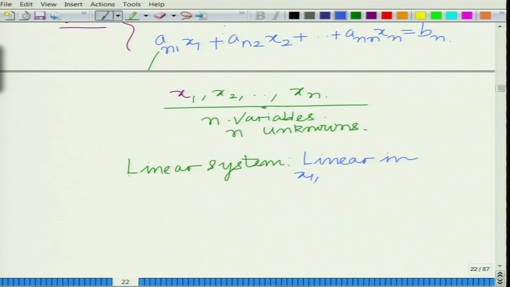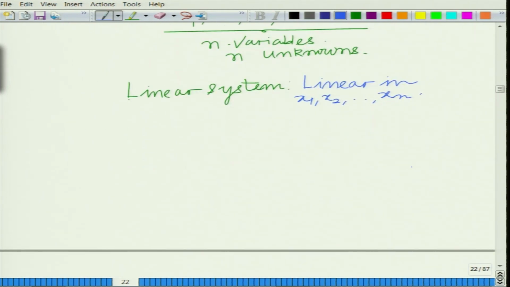Naturally, you can put all these things together as a matrix.